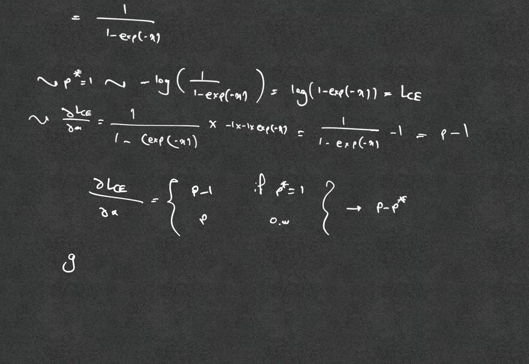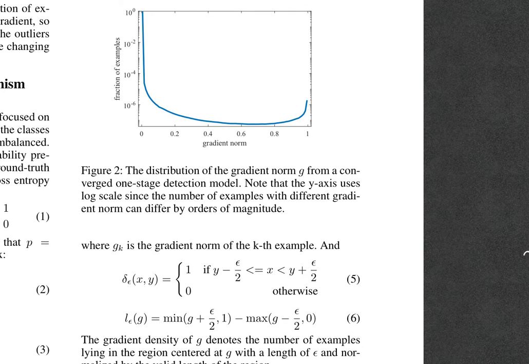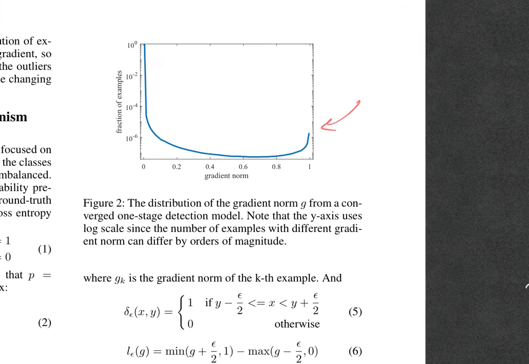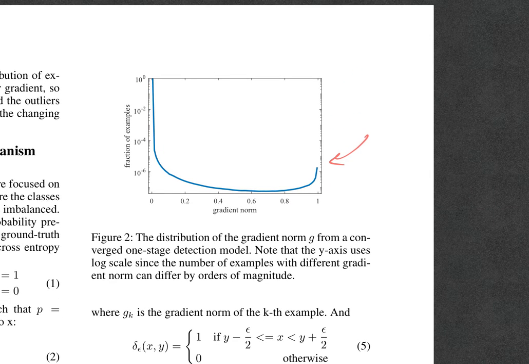Now they have defined G, which is the absolute value of P minus P star, which if P star is 1 is going to be 1 minus P, and otherwise it's going to be P. And they consider this the norm of the gradient with respect to X. You can see the distribution of this defined G in this figure, and you can see that even though the log scale has been used, the number of easy and very hard examples is actually very high, and this is something that this work is trying to deal with.